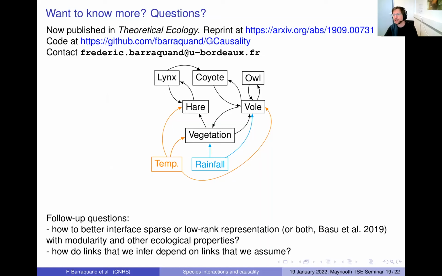I think as follow-up questions, there are directions in which we should develop the modeling. One key issue is how to better interface this sparse or low-rank interaction matrix representation with things that make ecological sense, like modularity and other kinds of network properties that we know to be there in ecological networks.